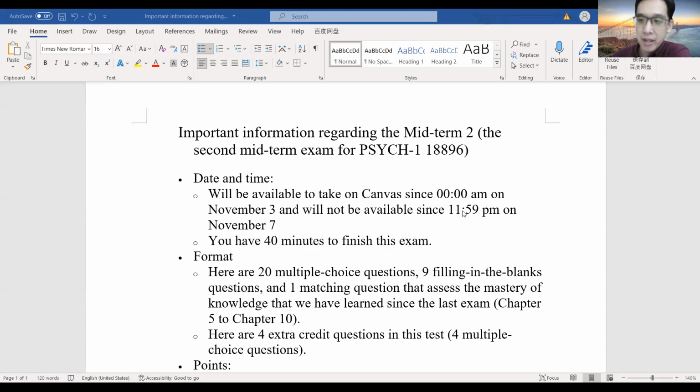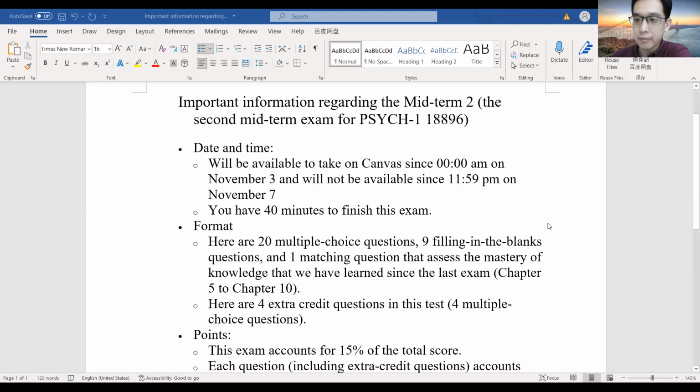The format is very similar to the first midterm exam. It will be available on November 3rd, from the first minute of November 3rd. November 3rd is the Wednesday of that week.